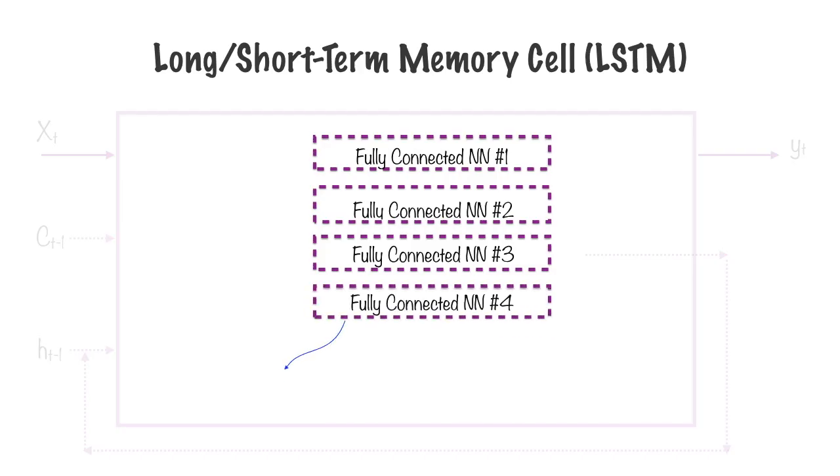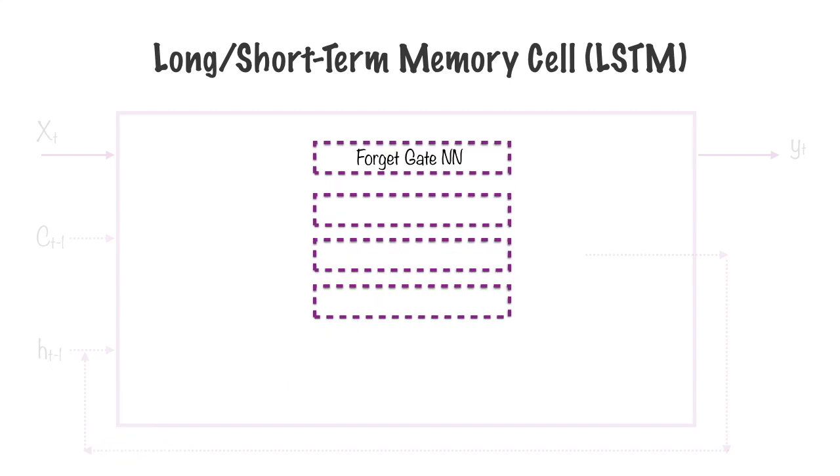So we use neural networks that exist within a memory cell in order to perform all these functions. The forget gate is a neural network which is responsible for looking at long term memory, the long term memory states that are stored within this cell, and determining what is important and what needs to be discarded.